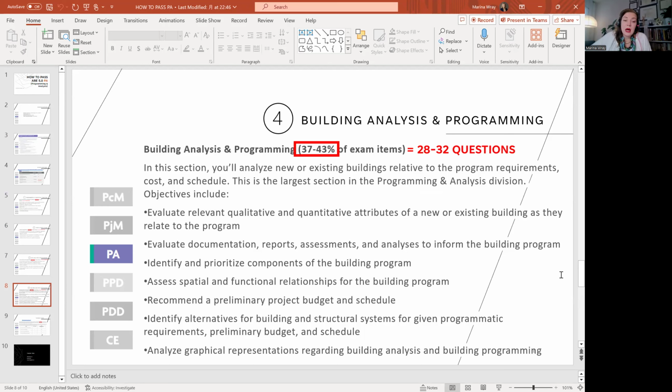requirements, right? Also, the next objective is to identify alternatives for building and structural systems for given programmatic requirements, preliminary budget, and schedule. So here, for example, if you want to do structural steel, right?